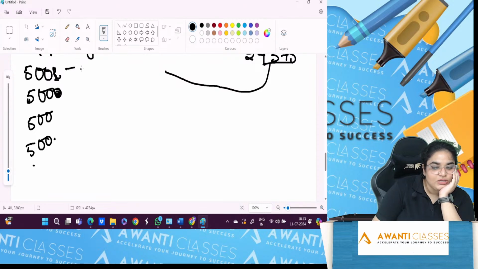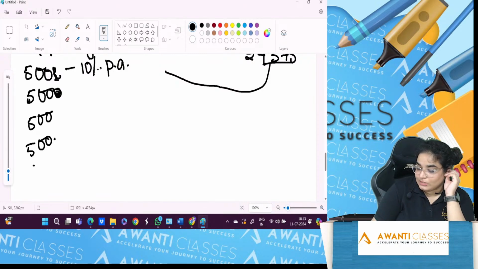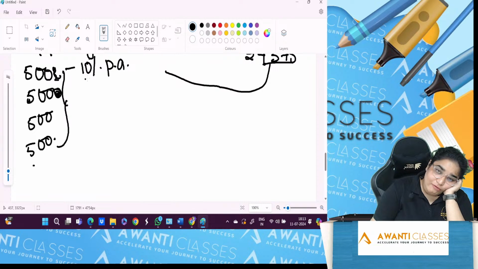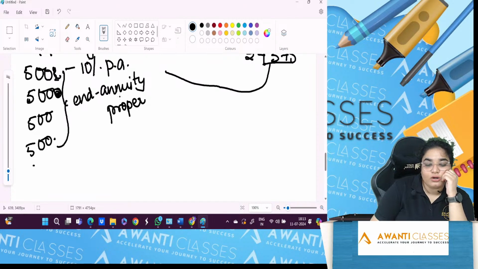The interest rate is 10% per annum. They have done this at 10% per annum for 4 years, every year at the end of the year. This is a regular annuity. They have paid every year at the end of the year 500 rupees to the savings.